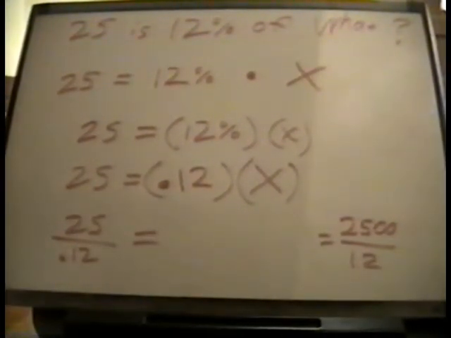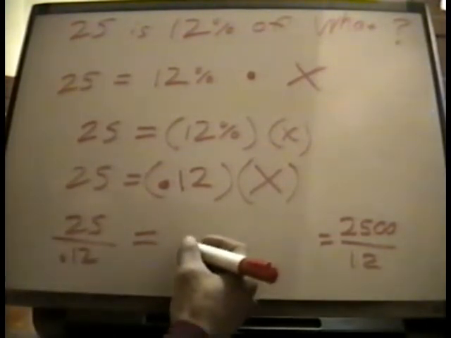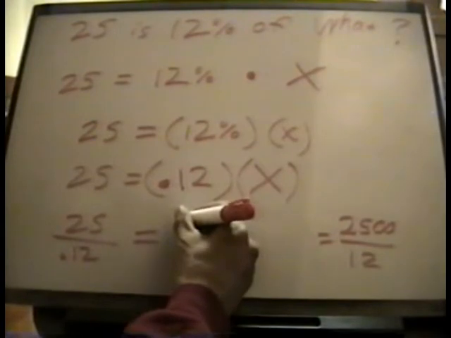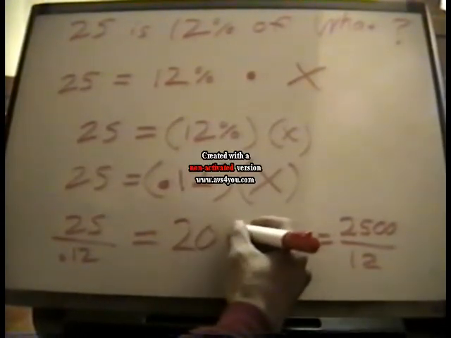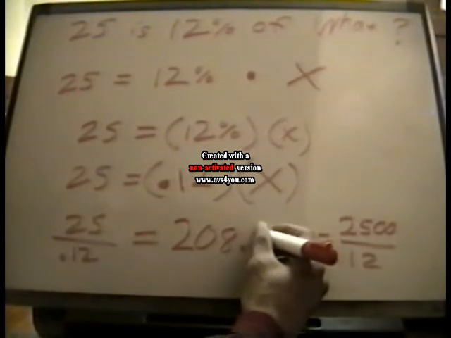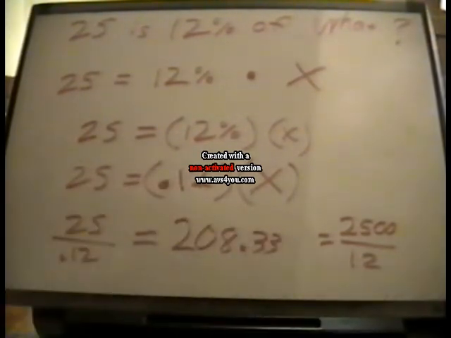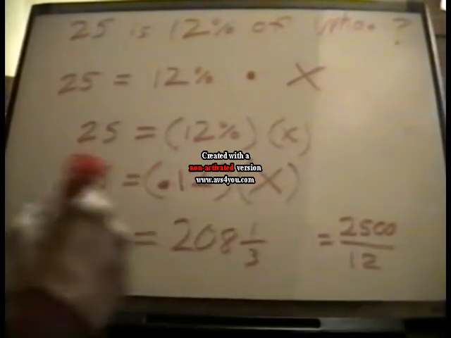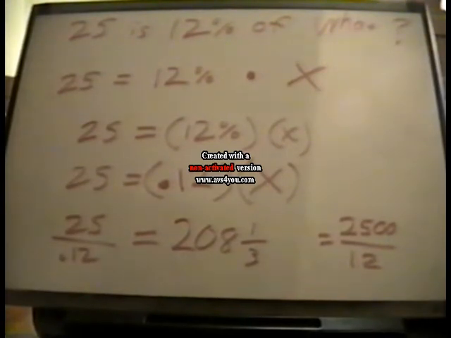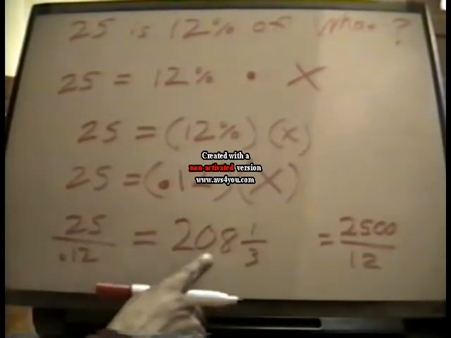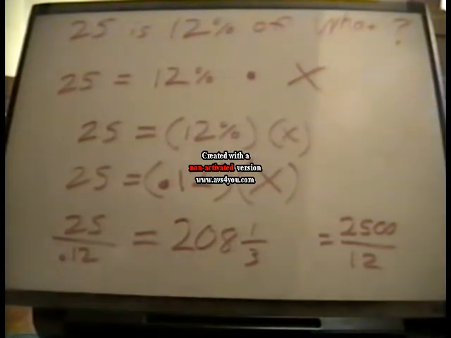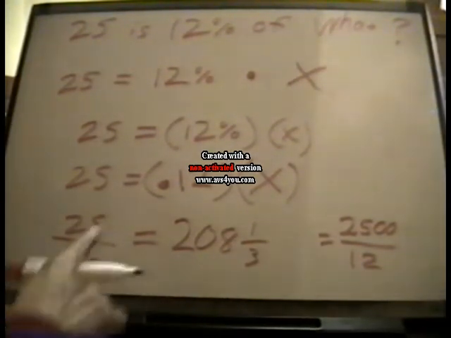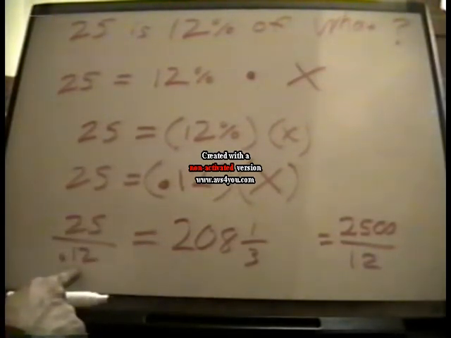So 25 divided by 0.12 is equal to 208.3 with the repeating part, 208 1/3. We'll put that 208 1/3. Now that's the actual number that x is. Remember, x equals 25 divided by 0.12.